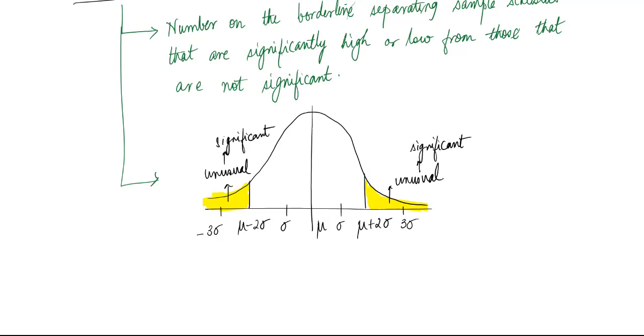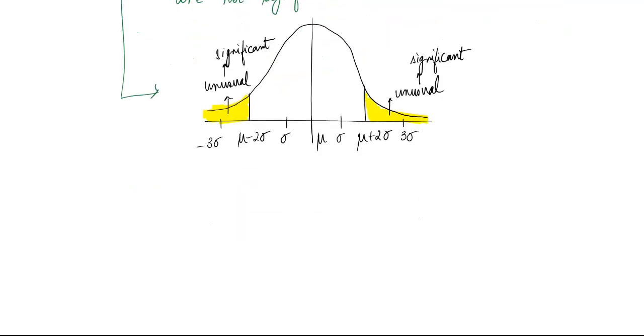Here, we use a particular cutoff. The critical value here is a specific cutoff. The symbol for that is Z alpha over 2, because remember, it is all about the alpha, because we are setting the confidence level. So it can't always be mu plus 2 sigma or mu minus 2 sigma.